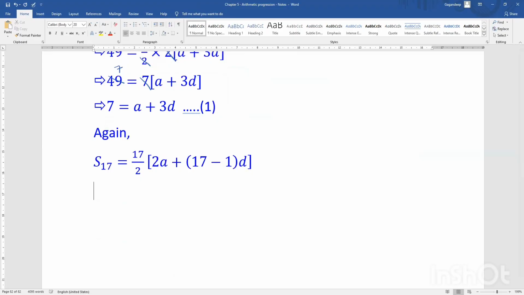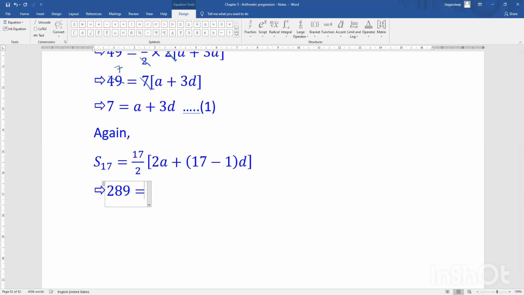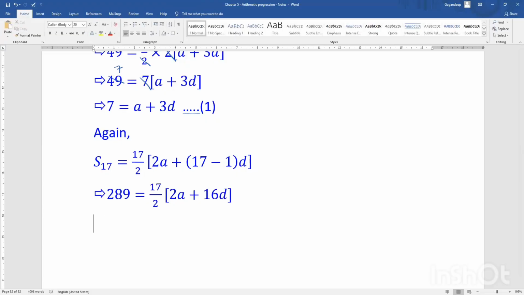In my next step, I can replace this S17 by 289. So I write it as 289 equals 17 by 2, bracket open, 2a plus 17 minus 1, that is 16, 16d, bracket close.